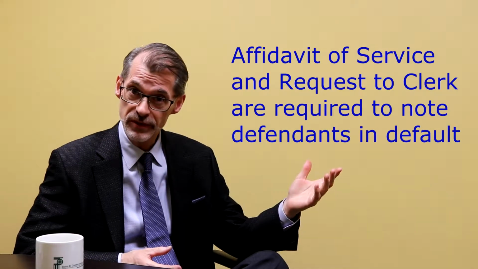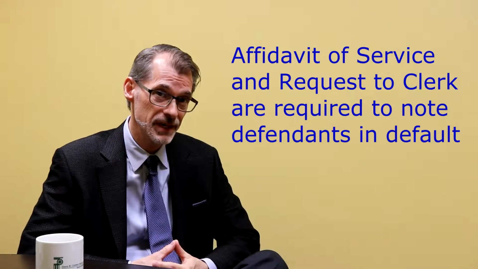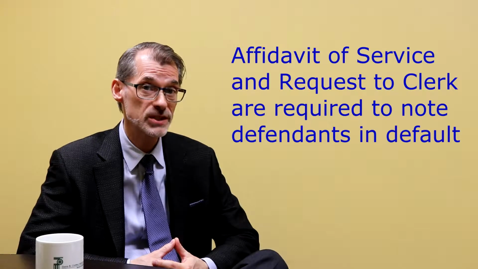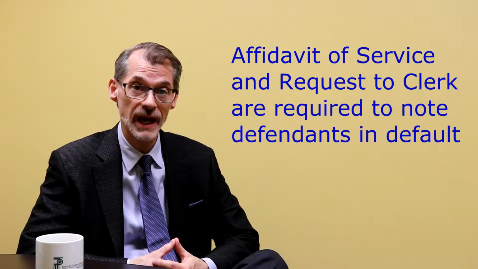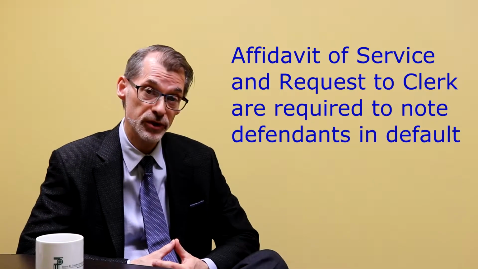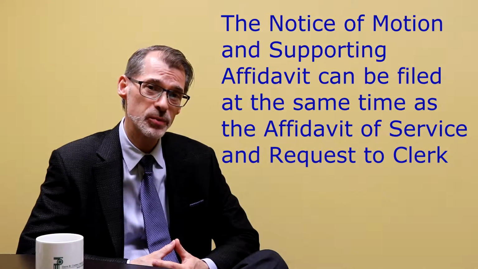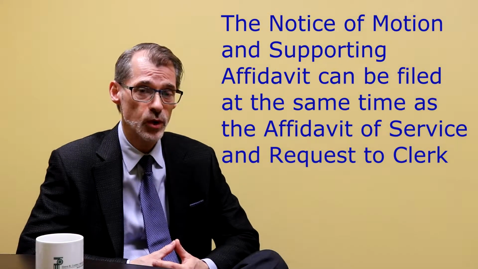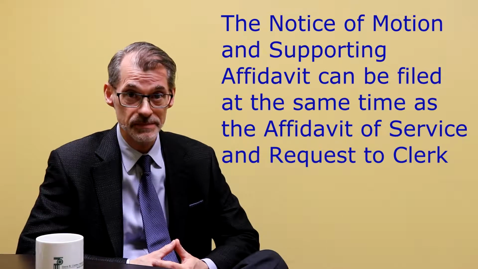What is required for a motion in writing for an assessment of damages? Well, first, we need an affidavit of service, which is Form 8A. Second, we need a request to clerk, Form 9B. And finally, third, we need a notice of motion and supporting affidavit, which is Form 15A.